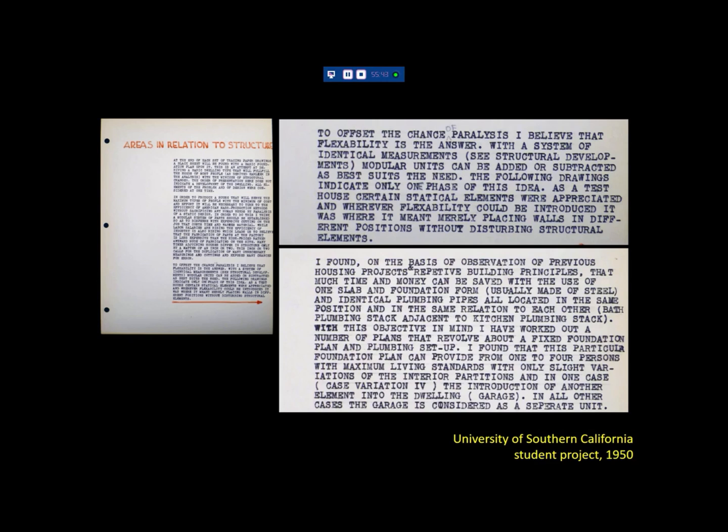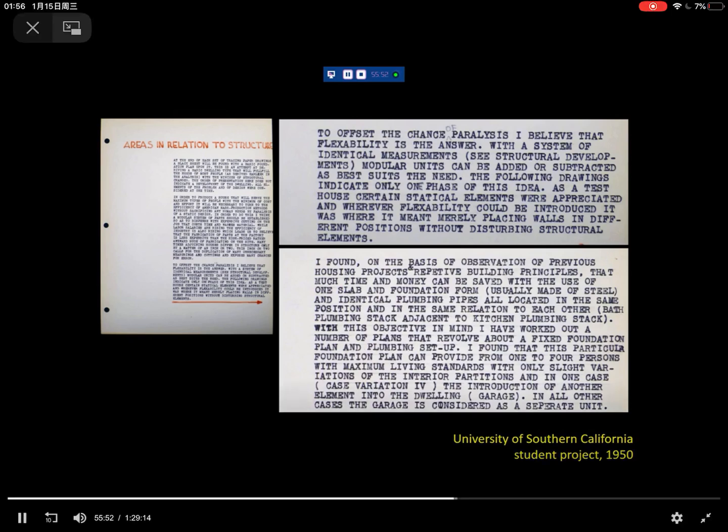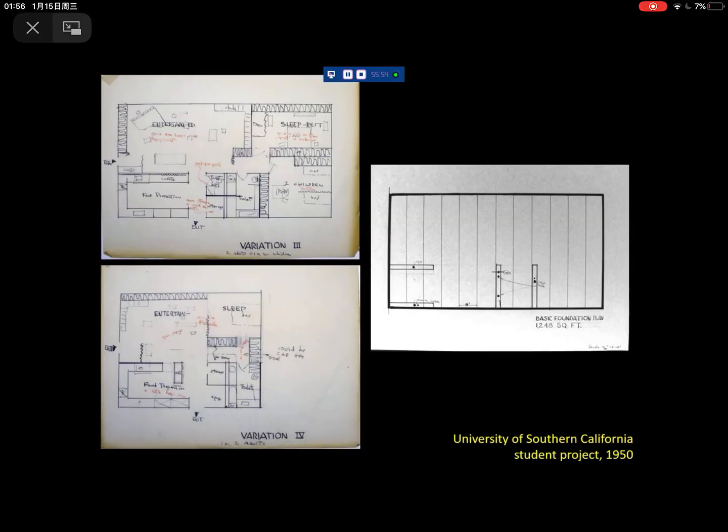And this is his plan. This is the idea, a basic foundation plan with the plumbing fixed and set, and then you can arrange it variation 3, variation 4, with a carport. Variation 4 says could be car here. Variation 3 has got 2 children's bedrooms and a sleep rest room. These plans, as they are drawn, are remarkably unsophisticated. They're crude.